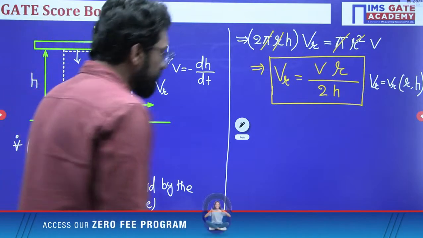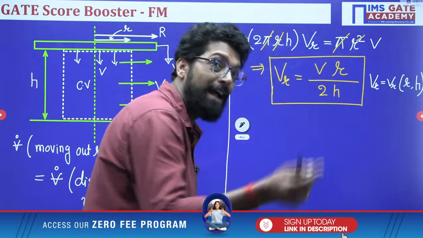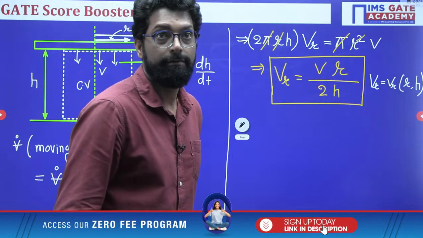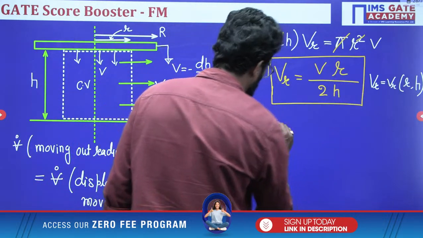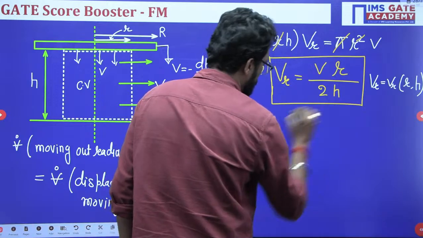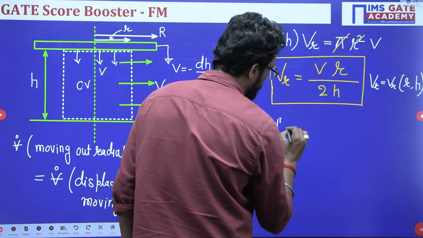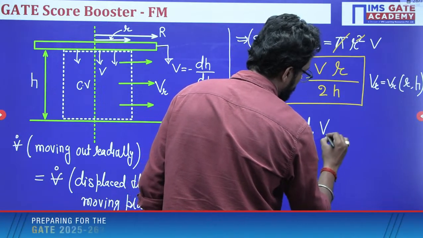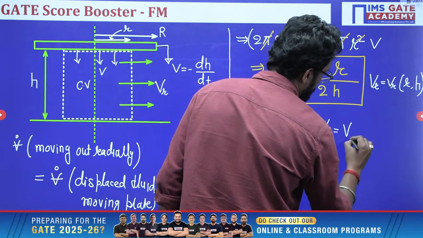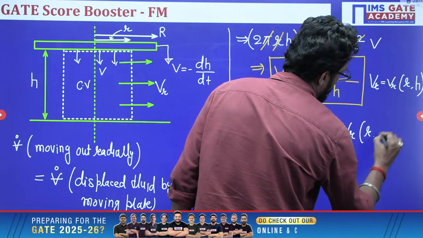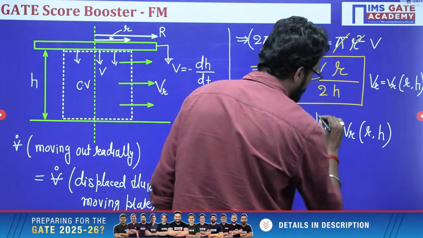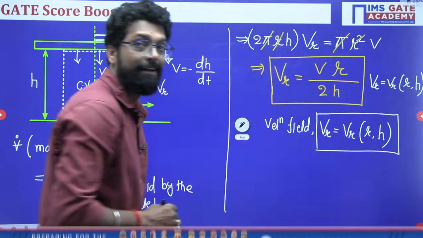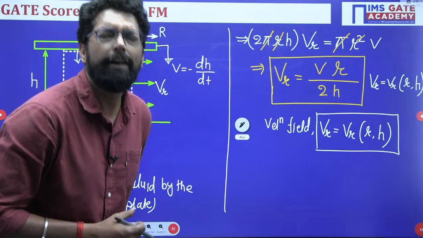Now, my dear, we have to find the radial component of acceleration. So this is your velocity field. If you have a velocity field and you analyze the field, that is your Eulerian approach.